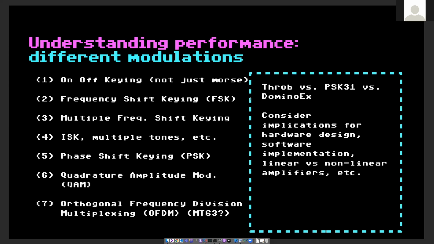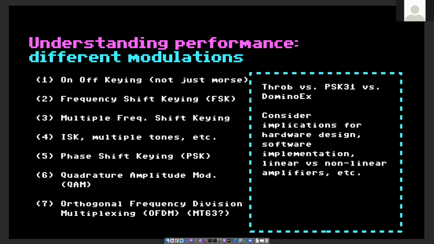What it means is, if you look at a mode like Thor or Domino, you'll see that it's impossible to ever have the same frequency for two symbols in a row. And so that means that you're more resilient to multipath interference or intersymbol interference and some other neat things that can happen.